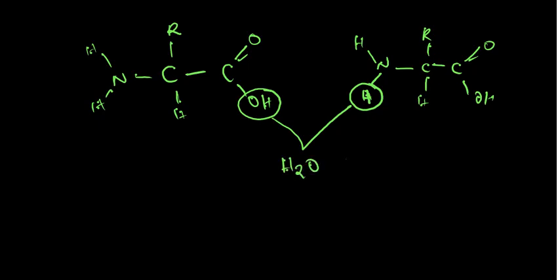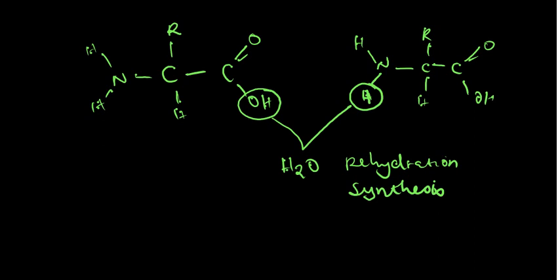Okay, so this is called dehydration synthesis, because what we're going to form at the end of the day is a peptide bond. So this water is going to be lost in the process.